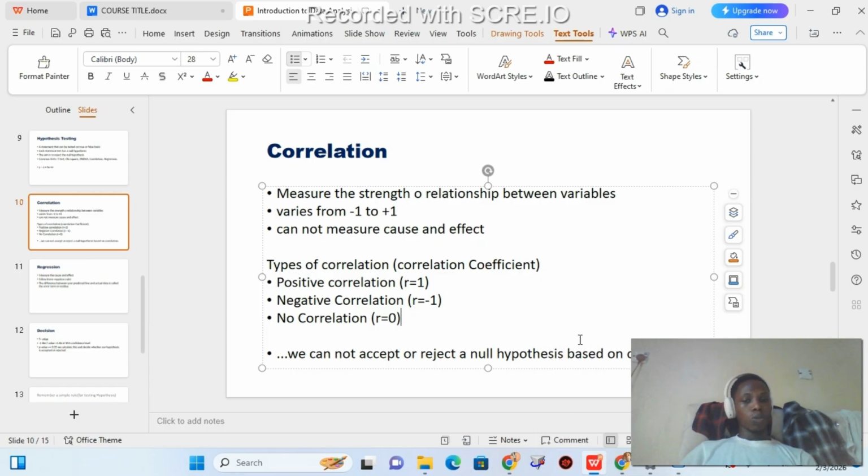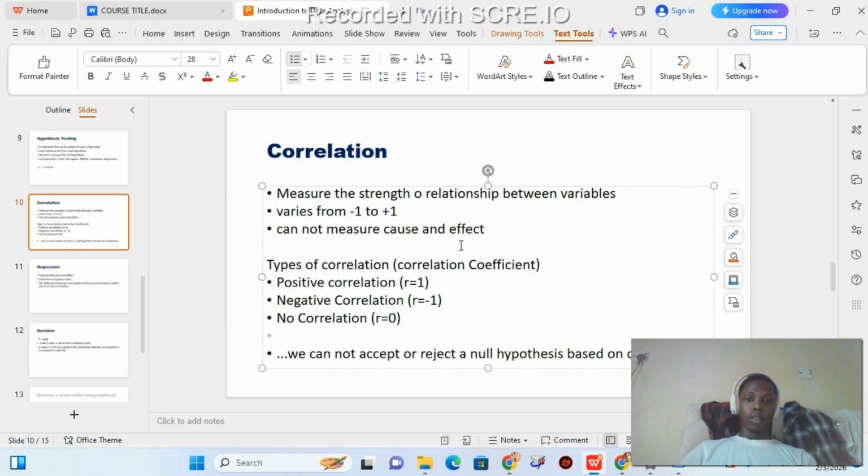It doesn't tell us whether it is this one that is affecting this one, or this one that is affecting this one, or the rate of change of one in response to another. It only tells us that there is a relationship between these two. What's causing the relationship? We don't know. What is the rate of change in one variable to another? We don't know. So it only tells us yes, there's a relationship or there is no relationship.